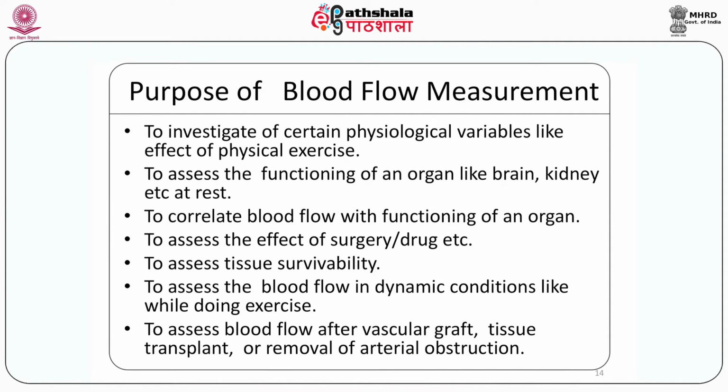So, what are the conditions and situations where blood flow measurement is required? Here is a small list, by no means a complete one. In general, blood flow measurement is an important tool to study the effect of physiological variables like exercise, gravity or cognitive task on blood flow to the whole body or a particular organ.